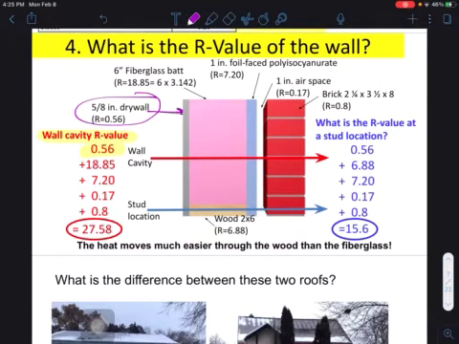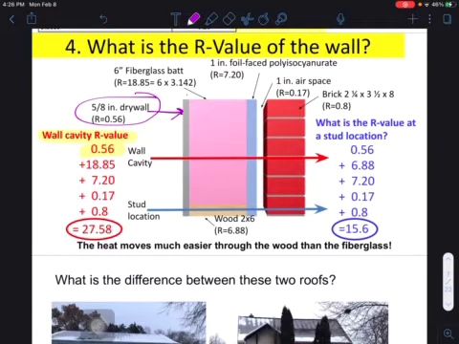The arrow's pointing to the gray part. 5/8 inch drywall. This is what we call the cross section of a wall. Like if you're looking down the end of a wall, the 5/8 inch drywall would be the inside of the wall, and then the red brick way on the outside would be the outside of the wall. So you're looking at what's going on inside the wall.